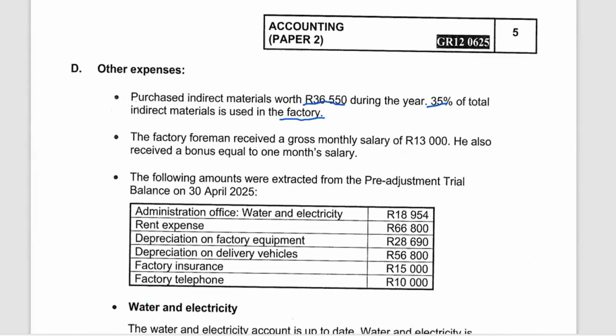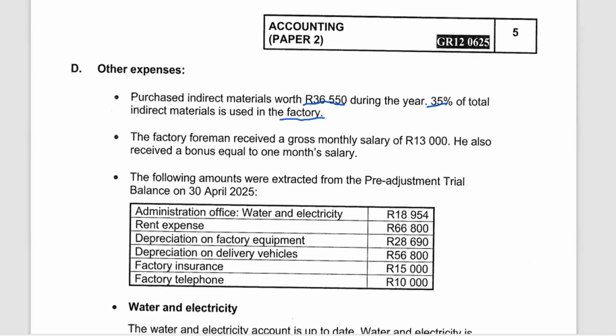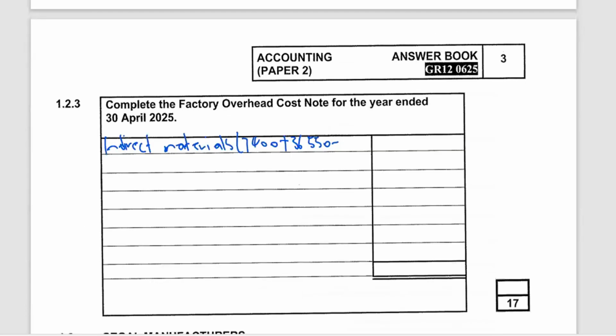So now 35% of indirect materials is used in the factory. So now we have to minus our closing stock, which for indirect materials is 8,150.